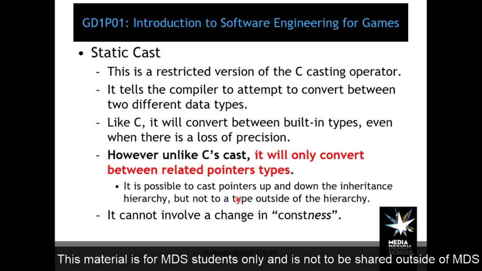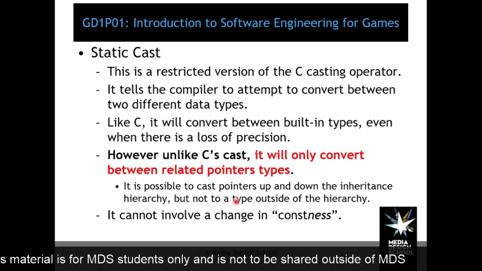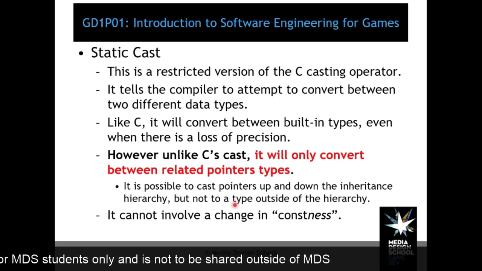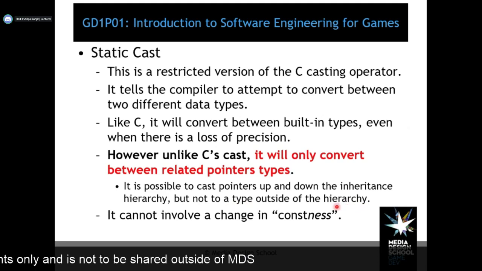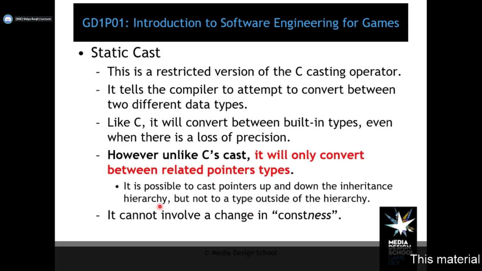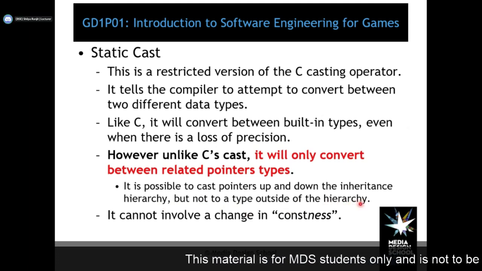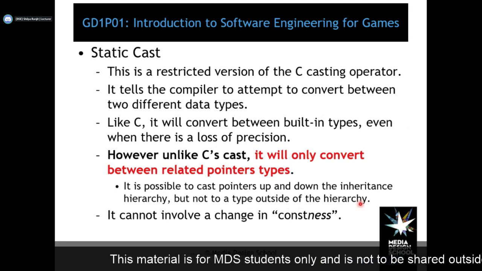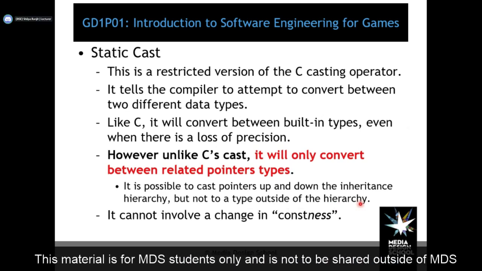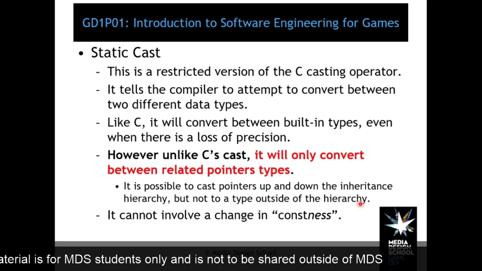Right now you've not learned more. All you know is just built-in data types. You don't know anything about user-defined data types. When we come to that, you'll understand better what it means when it says that you cannot convert to a type outside of the hierarchy. When we discuss user-defined data types, you will be creating hierarchies where one type is created out of another and so on.